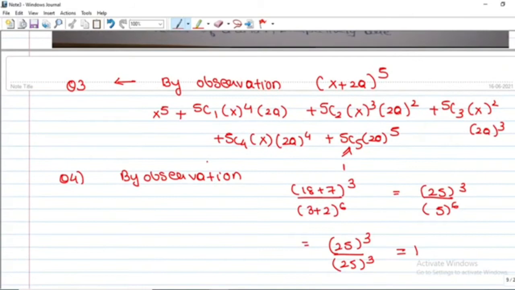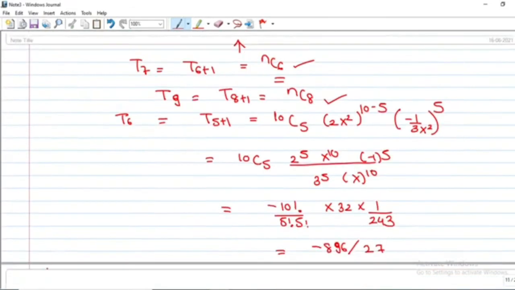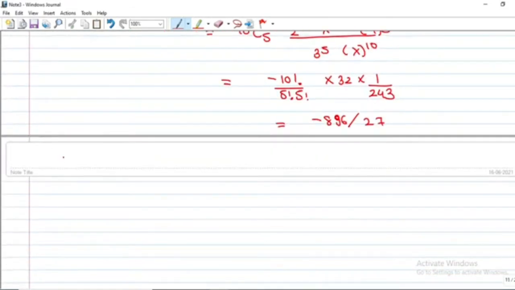Now tell me, if I tell you to find the 17th term, just as I told you the trap of the Tn formula, you will write it as t16 plus 1, right? Our power is n, sorry, 50.